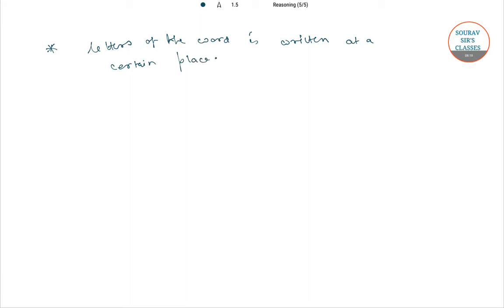For example, if might is written as GHMTI, then we have to find how earth is written.